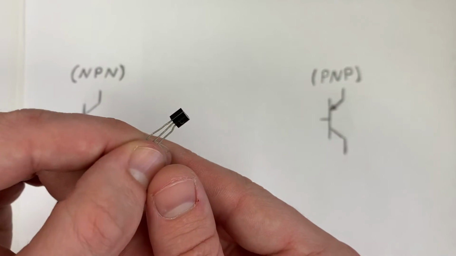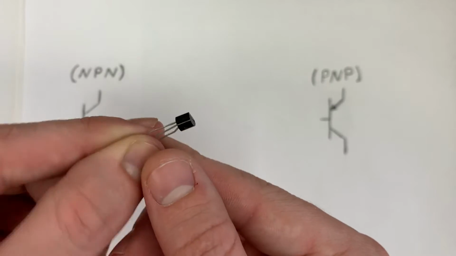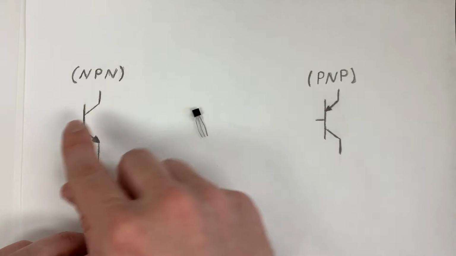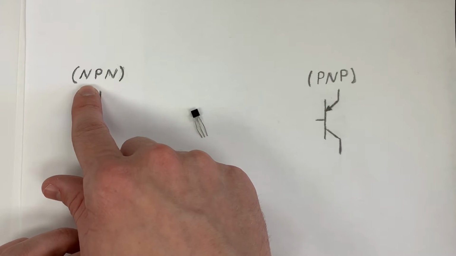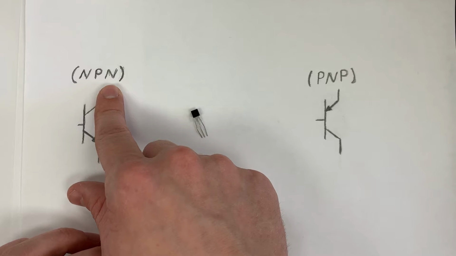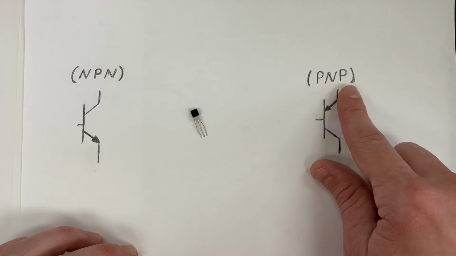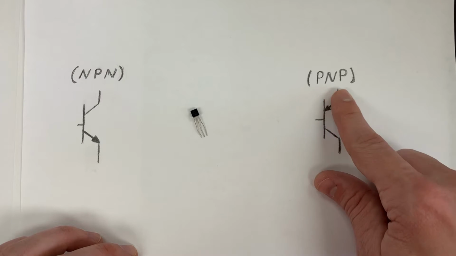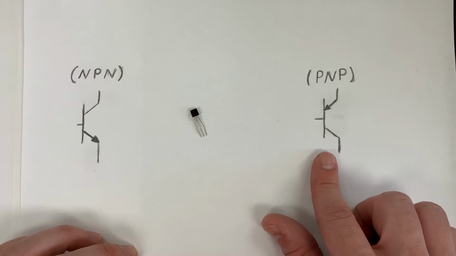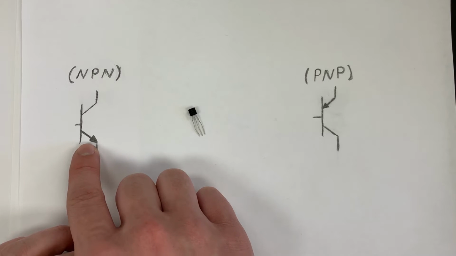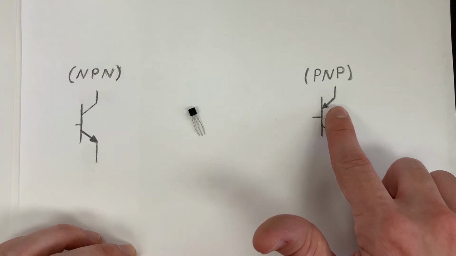There's 2 different types of BJTs. We can have a NPN, which is just a negative, positive, negative setup, and then we can have a PNP, which is just a positive, negative, positive setup. You'll see here that the arrow will denote the emitter.